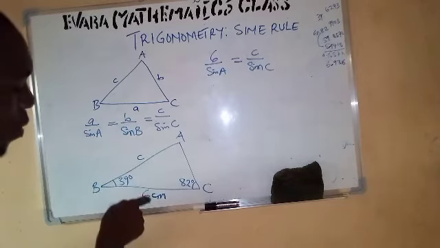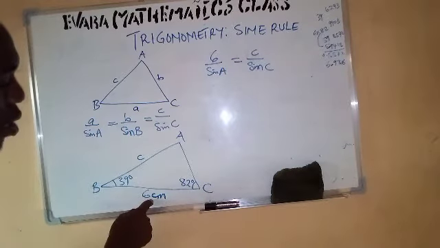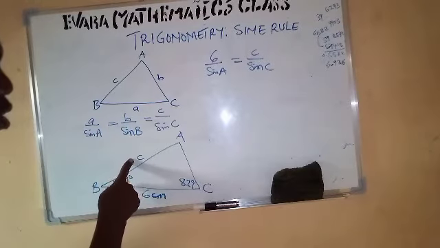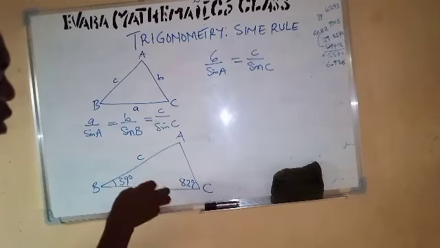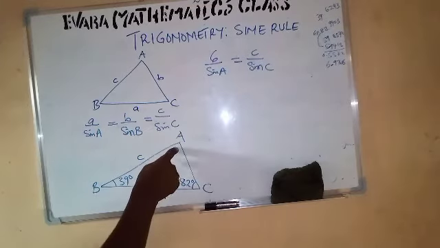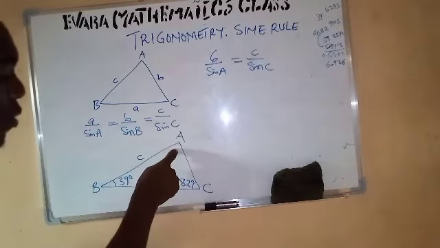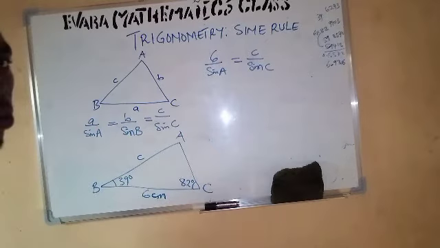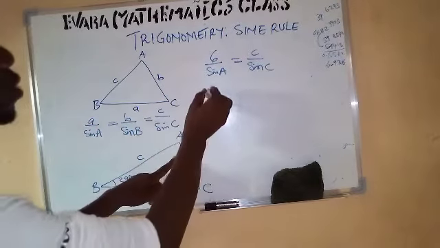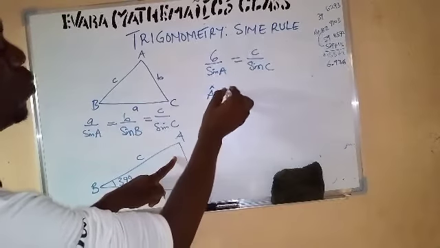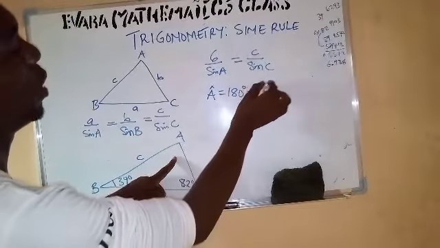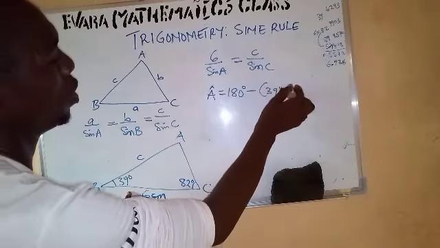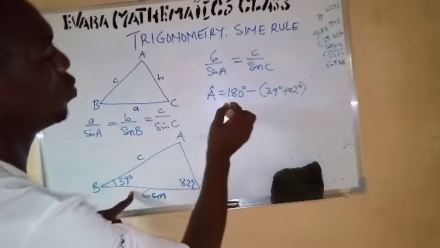But since we have the side A, we have the angle C, we are looking for the side C. And from what we are given here, it is easy for us to know which angle is here. How do we get this angle? This is a triangle. The sum of angles in a triangle is 180 degrees. That means angle A will be 180 degrees minus the sum of the other two angles, 39 plus 82.